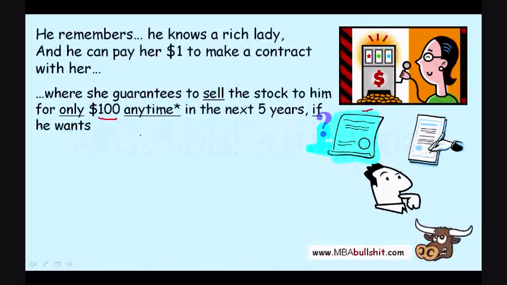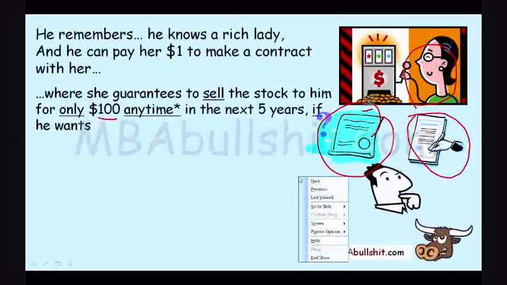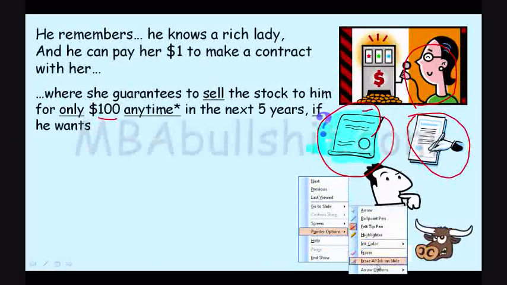So he's not forced to do it, but he can do it if he wants to. He can buy the stock for only $100 in the next 5 years if he wants, and she will sell it to him. And they write that agreement down in this contract over here.